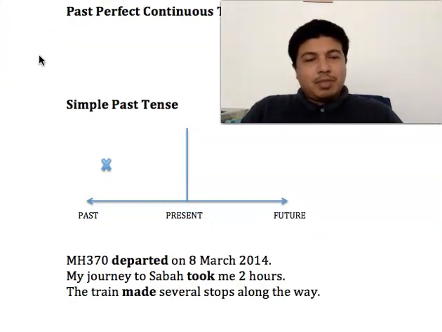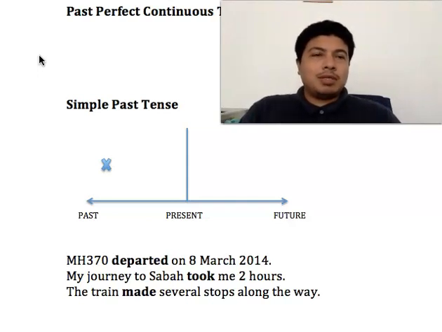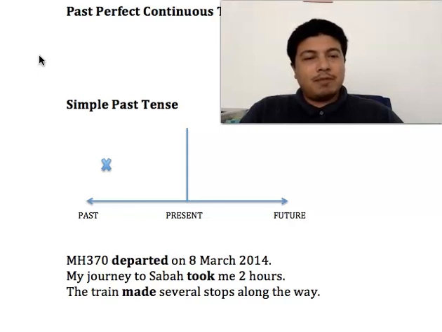So that is simple past tense. We use simple past tense when we are talking about a situation that happened in the past. Another example would be my friend passed away 5 years ago, for example. You use past tense in the word pass away, P-A-S-S-E-D. So it happened 5 years ago.